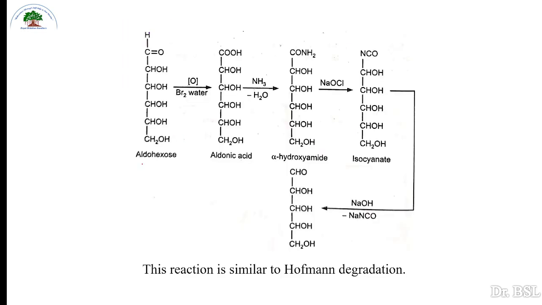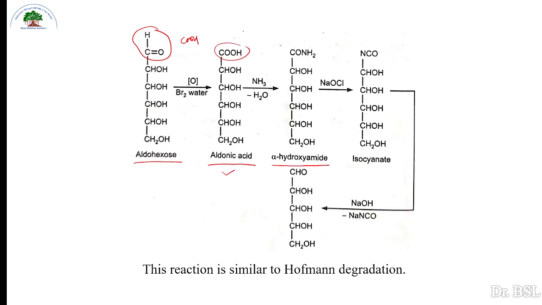First of all, aldohexose is oxidized with bromine water and we get aldonic acid. What happened here? This aldehyde has been converted into a COOH group, and after oxidation we get aldonic acid. This aldonic acid on reaction with ammonia gives alpha hydroxyamide.